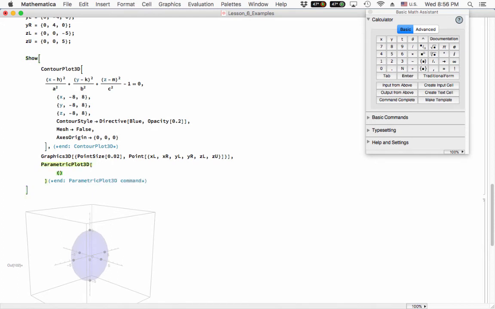Okay, so here was the first trace that we said. This was going to be a times the cosine of t plus h. The second component was going to be b times the sine of t plus k, and then for the x, y trace, the z was going to be 0.